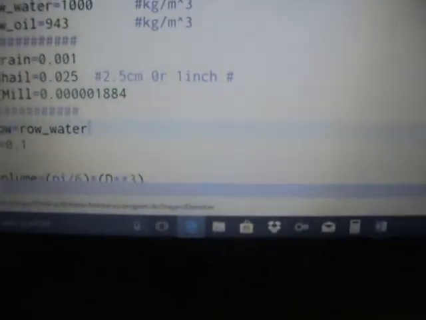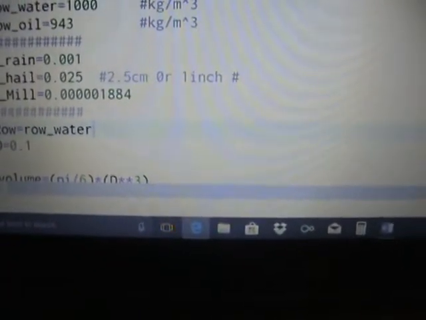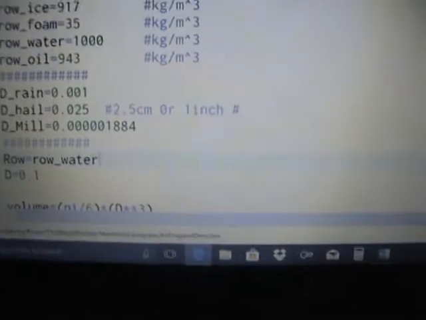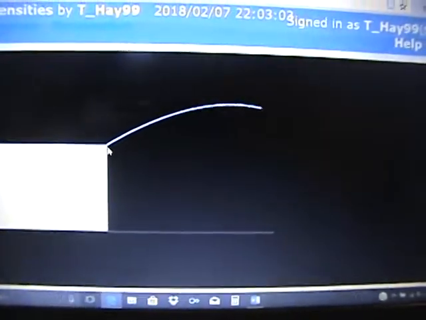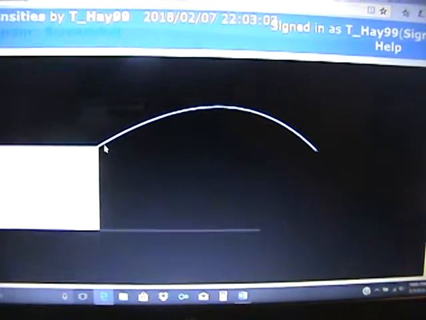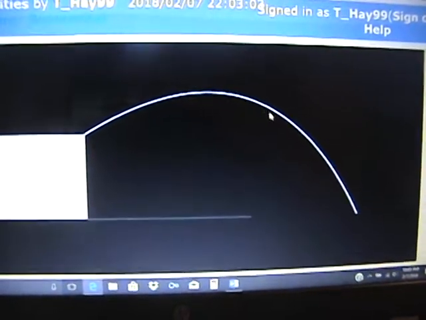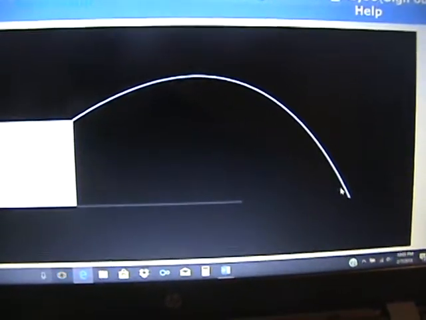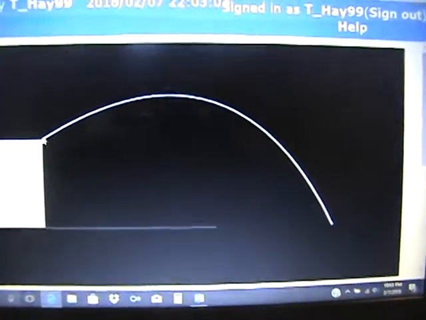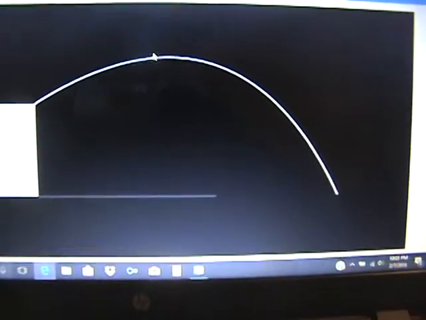I don't think I did ice. Oh, I did. It doesn't matter. Okay, and as you expect, because this has more kinetic energy, it would keep more of a parabolic path.